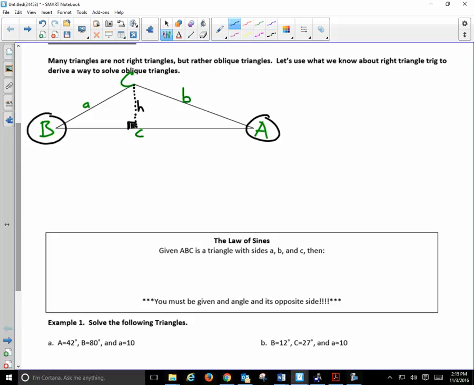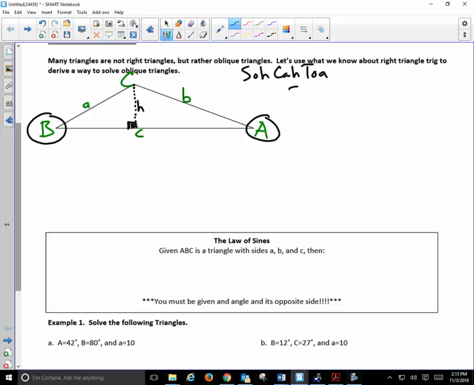Which of the three trigonometric functions, sine, cosine, or tangent, have to do with an opposite side? Sine and tangent. I'm going to use sine.